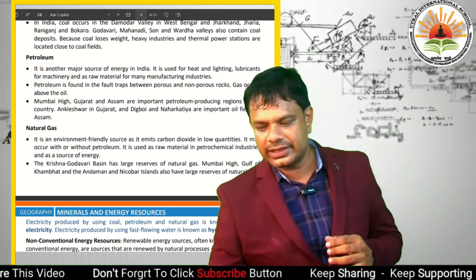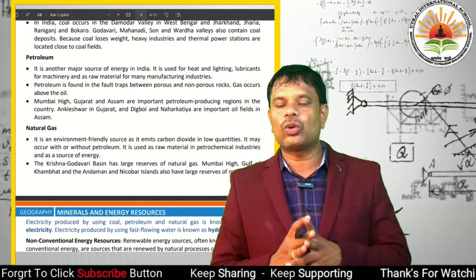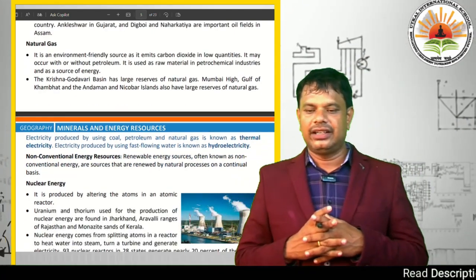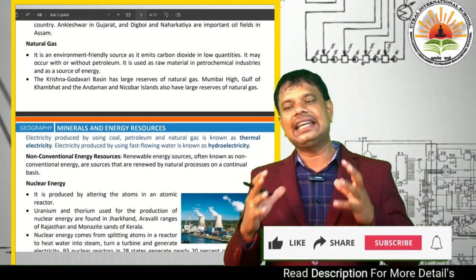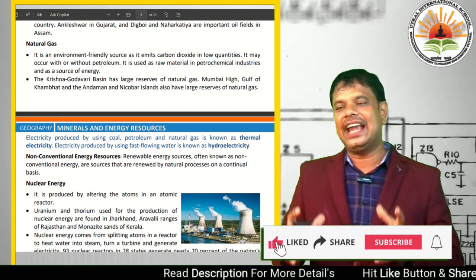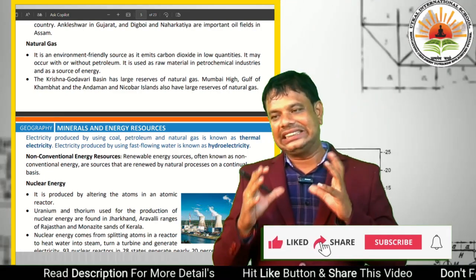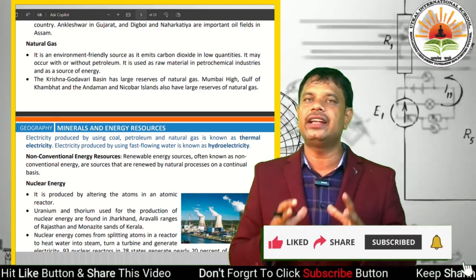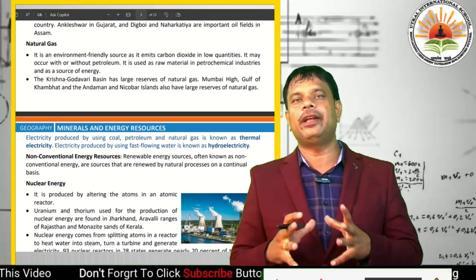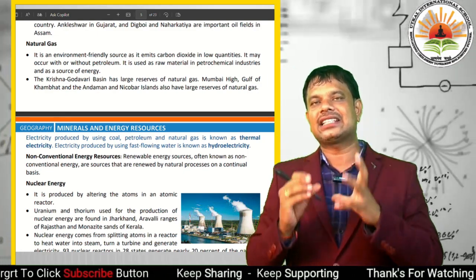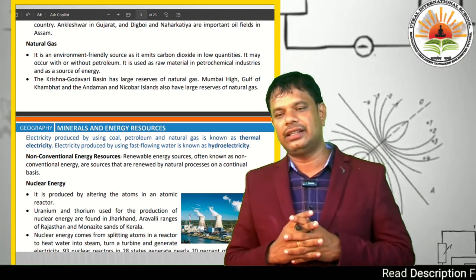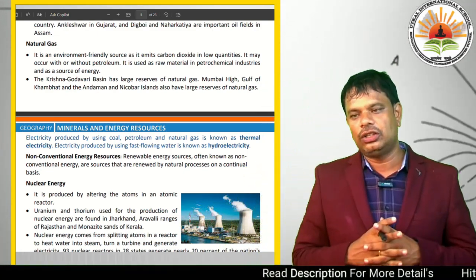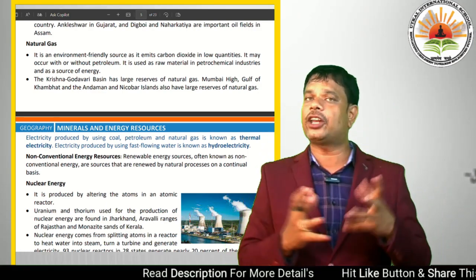Then dear students, natural gas. It is an environmentally friendly source as it emits carbon dioxide in low quantity. It is very helpful to human beings and our society because it has low carbon content, and it may occur with or without petroleum.